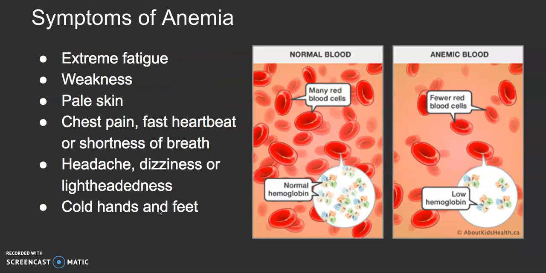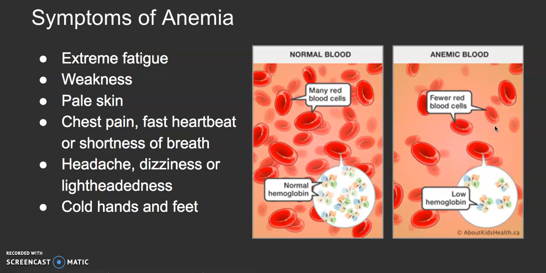Symptoms of anemia, as we could expect, on the left is somebody with normal blood, and someone on the right has not enough blood cells. They have normal hemoglobin. This person has low hemoglobin, so fewer red blood cells.